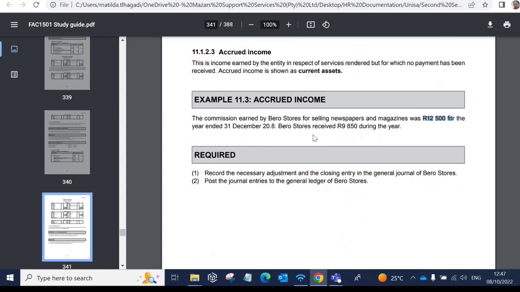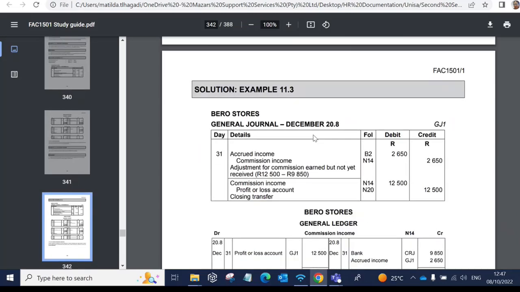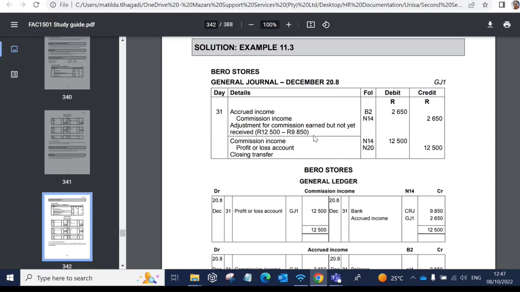So you took 12,500 minus 9,850, and you got 2,650. So accrued income is 2,650. Income that still needs to be received.